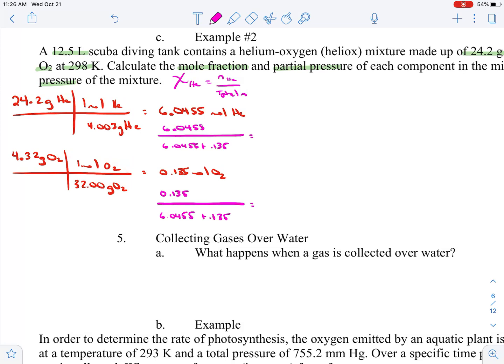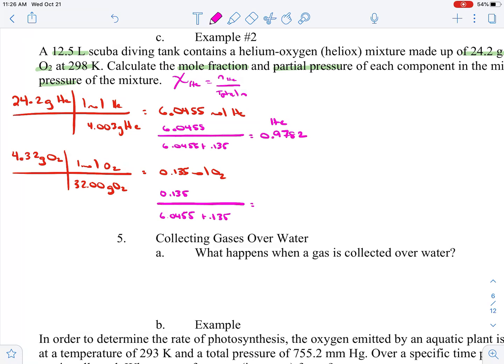Same thing, 6.0455, and we're going to divide that by our total, and we may want to add these up and keep it separately, because it will be something we use. Again, let's keep about 4 decimals in our answer just to make sure we have enough. We're going to say 0.9782, and there's actually no label on mole fraction, so this is our mole fraction of helium.